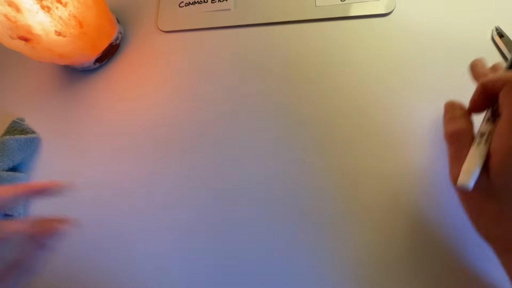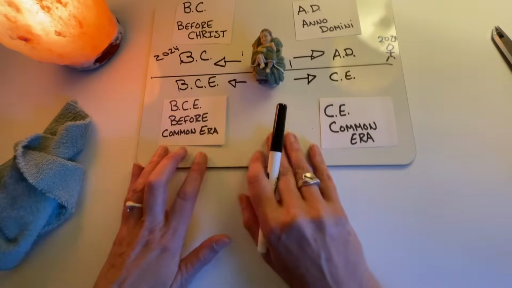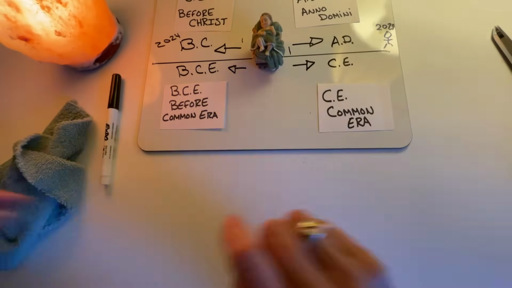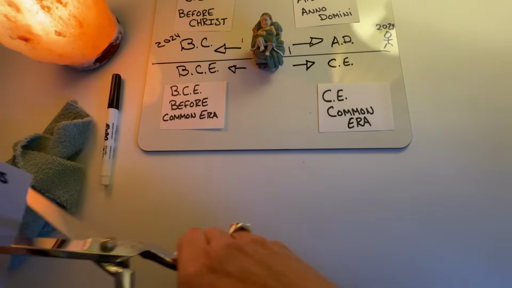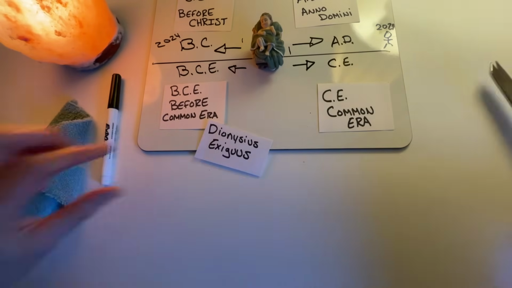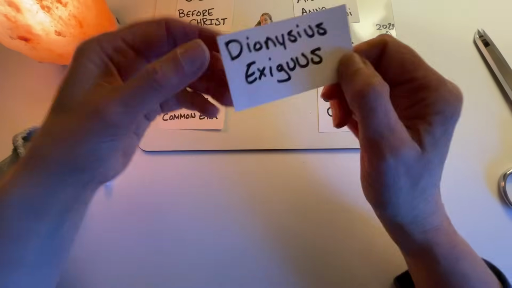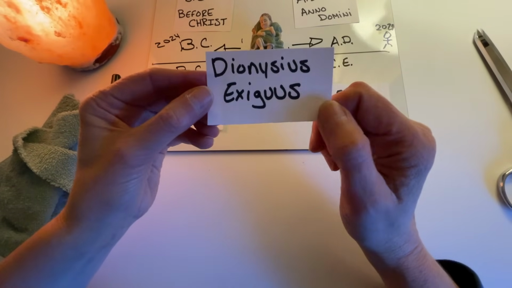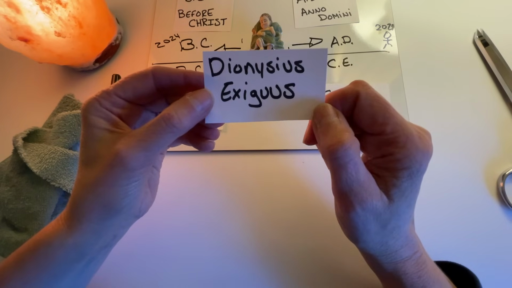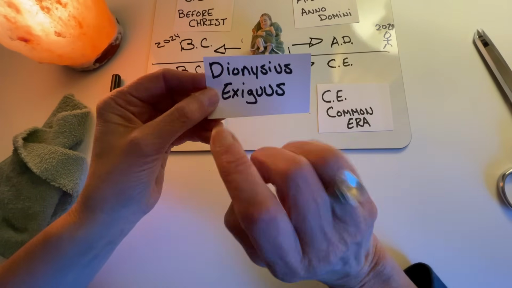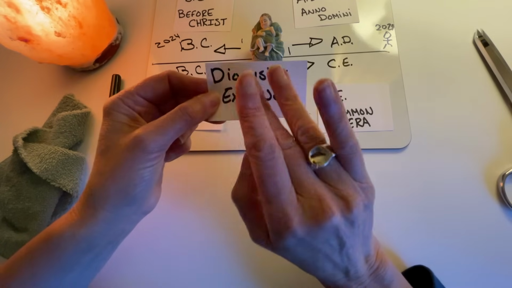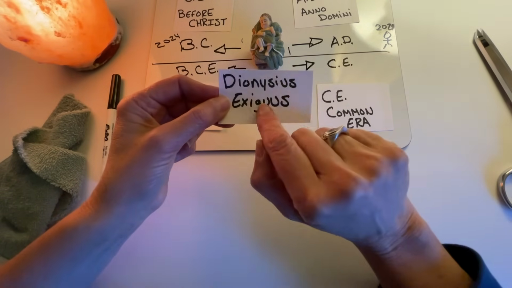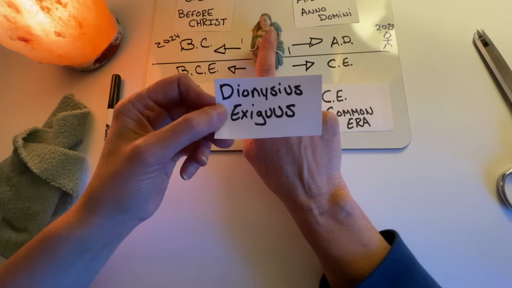I think so. The reason that's the starting point of the calendar was a monk, and his name was, and I won't be able to say this because I don't know, Dionysius Exiguus. He was a monk who, because he was trying to plan the Easter celebrations, I believe, sort of backdated.